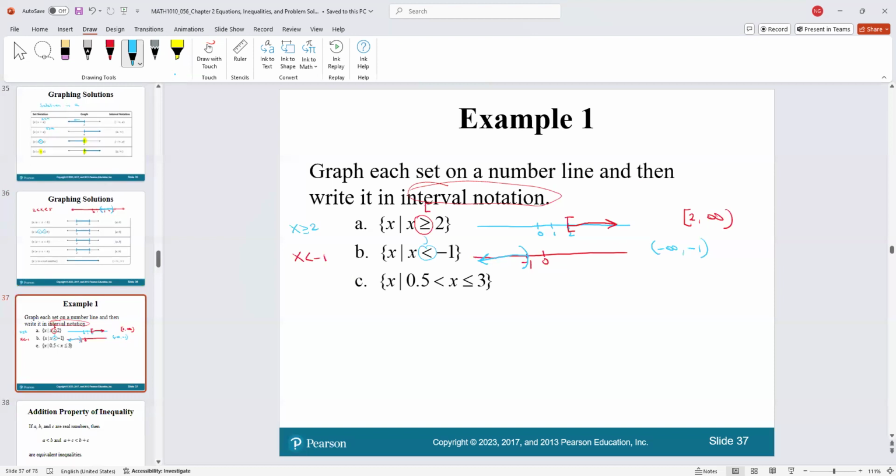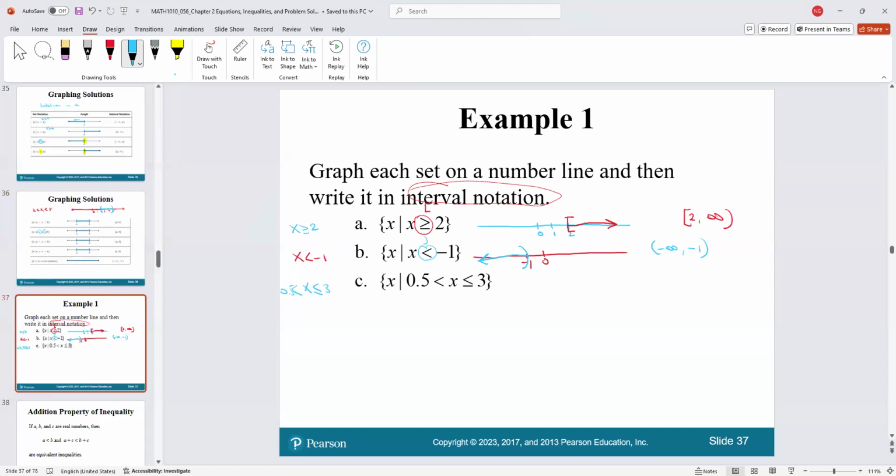Now, the third one, as you can see, they give you the answer in set builder notation. That's why I do the other two, not the set builder notation. So what we see for the third one is x is between -0.5 and 3.